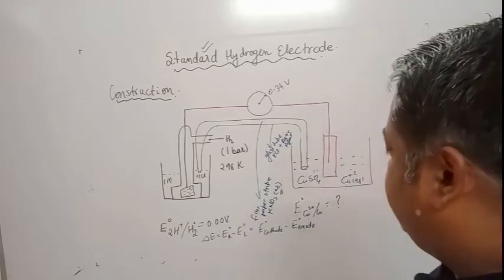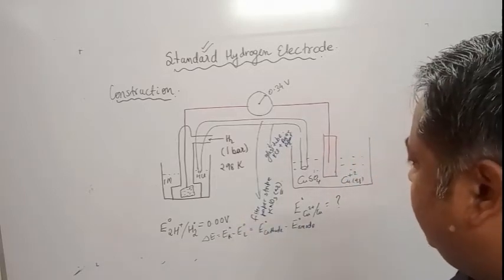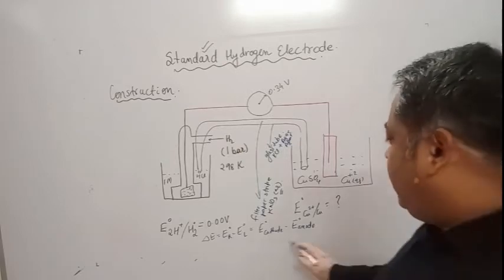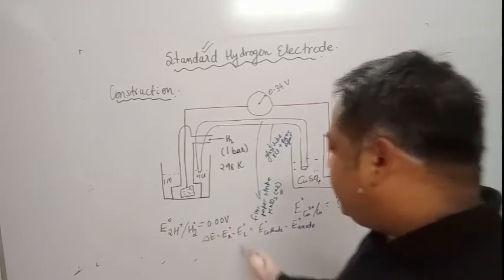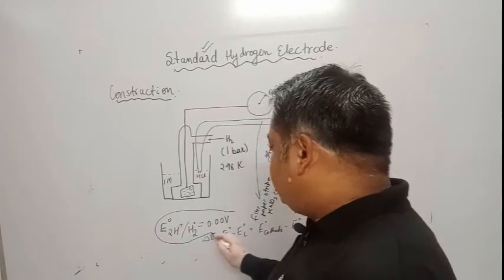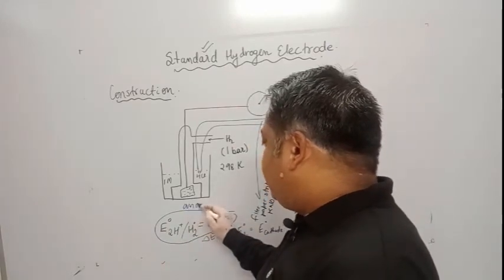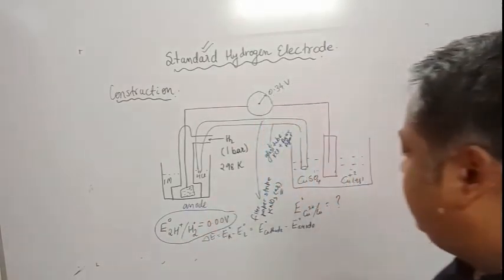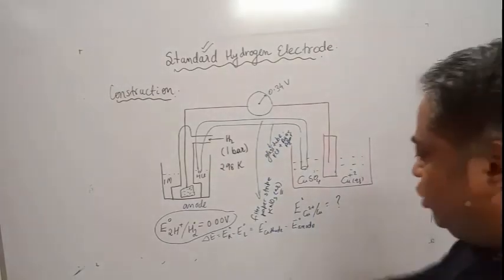Hydrogen is always treated as anode so that we can get the reduction potential of all the electrodes. The hydrogen electrode is always considered as anode, so that the value which we get for the other electrode is the value of reduction potential at cathode.